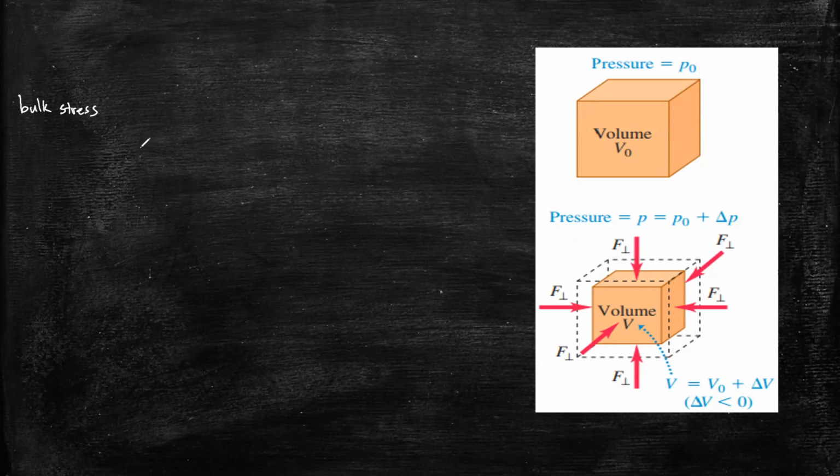If an object or a body is immersed in a fluid at rest, the fluid exerts a force on any part of the object's surface. This force is perpendicular to all surfaces. The force per unit area that the fluid exerts on the surface is what we call pressure.